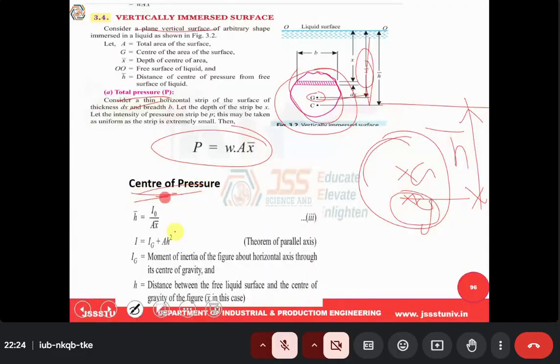Now to calculate that, the final equation becomes like this: H bar equal to I naught by A into x bar, where I is, you know well, the moment of inertia of the body. A is area of the body. Again, x bar is nothing but height of the water depth from its center. So this h bar will give where the resultant pressure is acting.